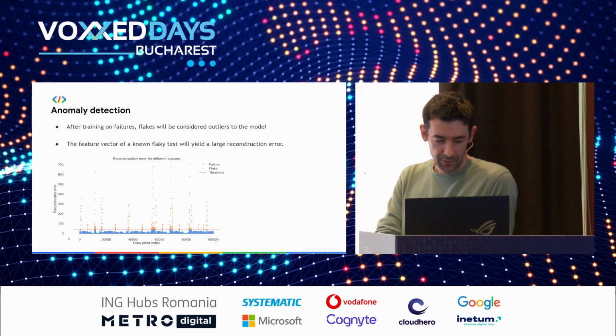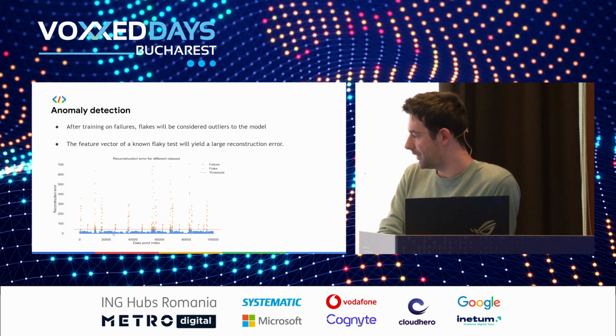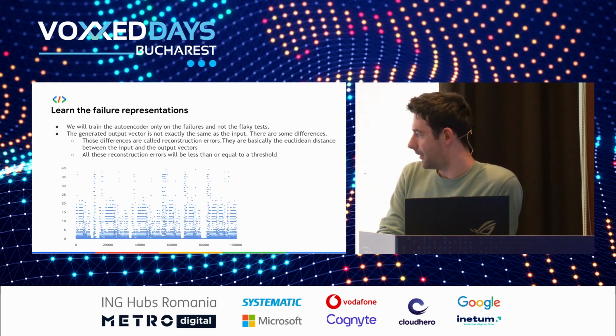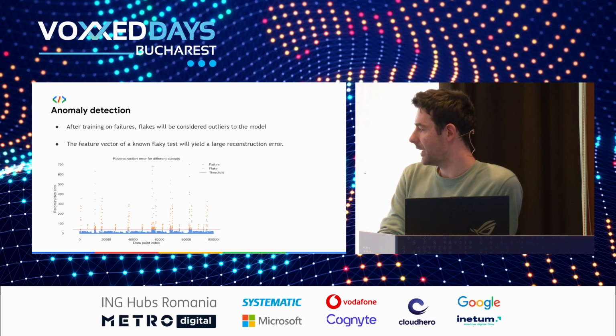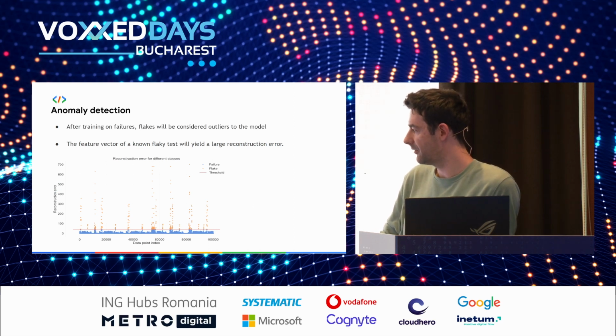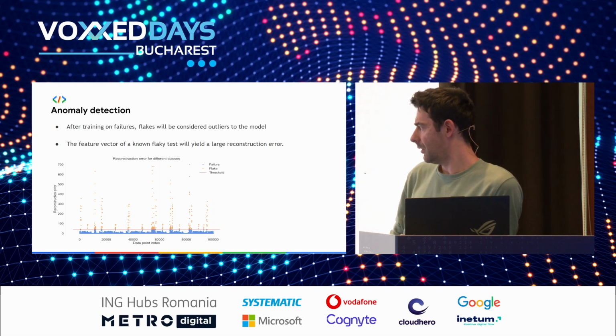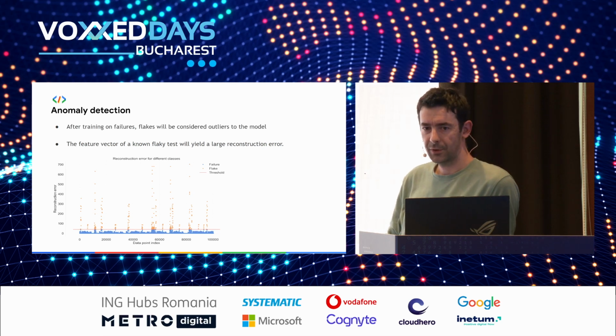So those blue points that you see here are basically the same points that were here. As you can see, once you have the autoencoder trained on failures and then you input a flake, the flakes usually will have a high reconstruction cost. And the reason for that is very simple. An autoencoder, like any neural network, is a rather dumb thing. It's not as intelligent as people like to think.